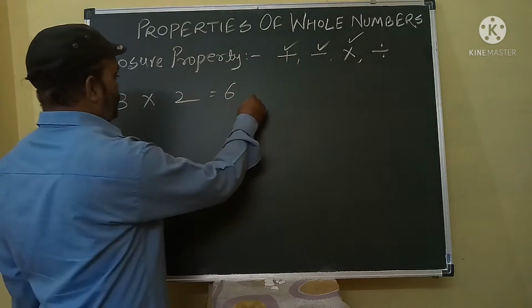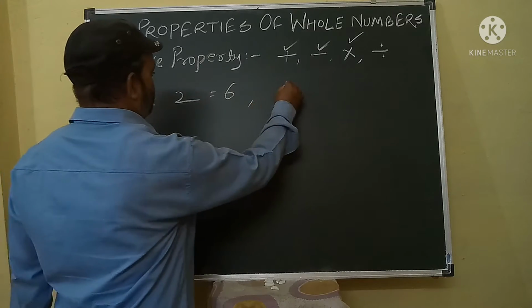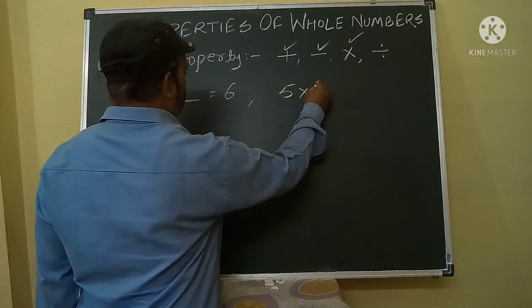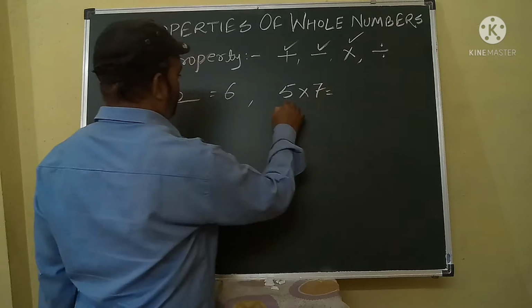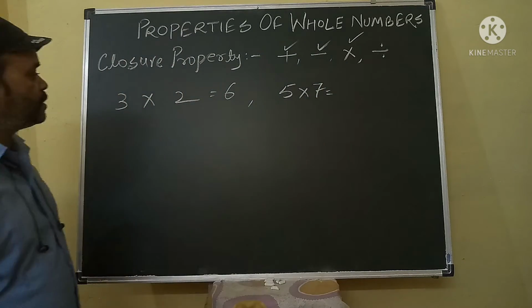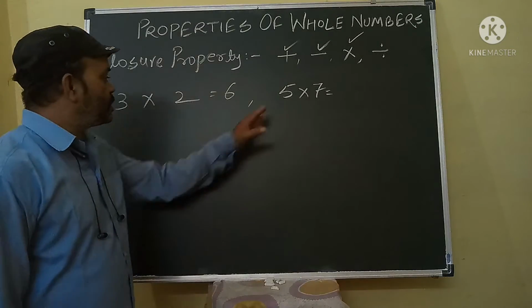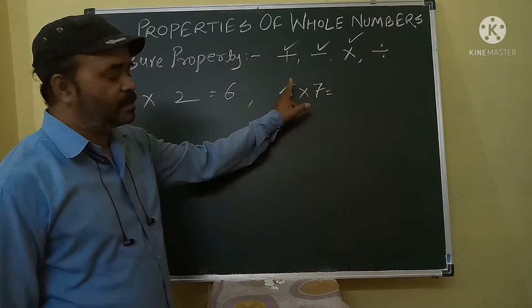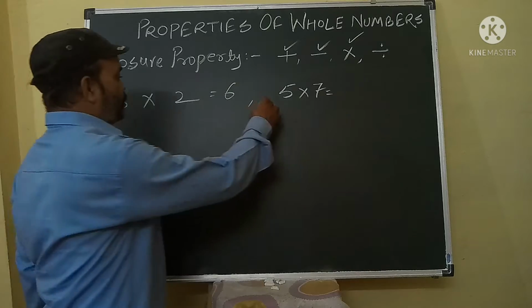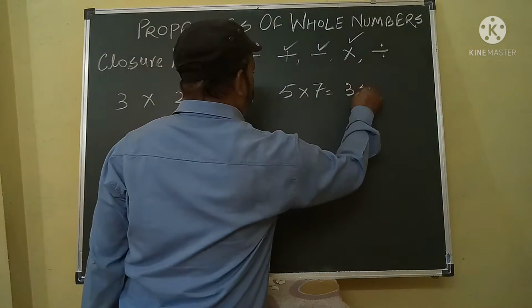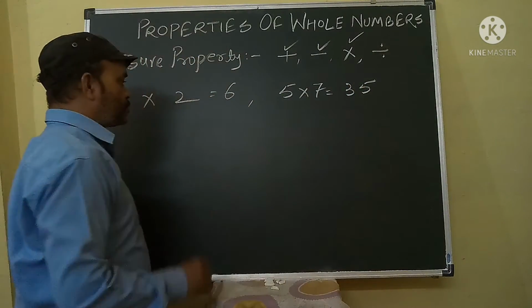In the second example, suppose this is 5 and this is 7. Both are whole numbers. What is the product? 5 into 7 gives you 35.